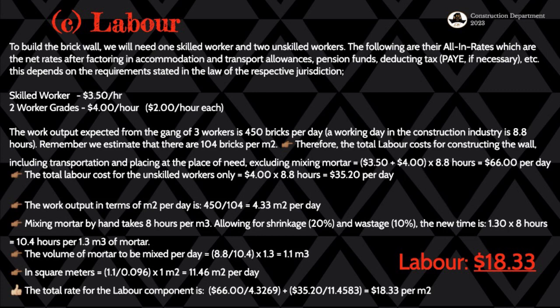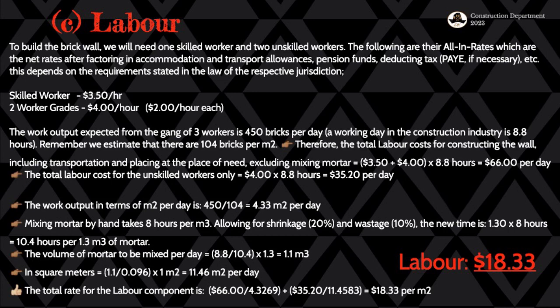For the bricks part, we say the $66 per day, divided by the 4.33 square meters per day, which is the work output you're expecting. So it's the amount of money we're paying the skilled worker and the unskilled workers in total, $66 per day for the bricklaying, divided by the square meters per day, so that it becomes dollars per square meter. And then we do the same for the mixing.